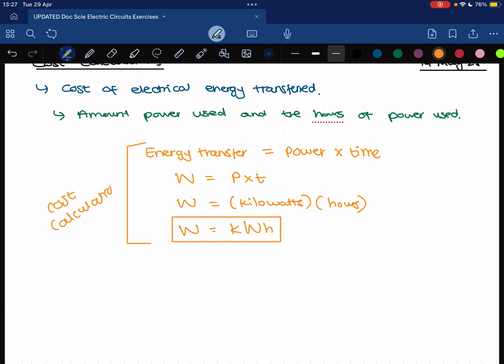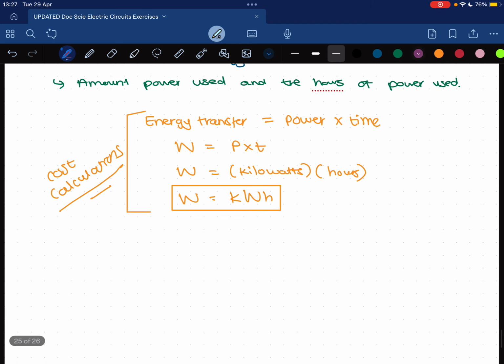For the other calculations, it's still watts and seconds. In this case, it is kilowatt hours. As a side note, remember that 1 kilowatt is equal to 1000 watts, and 1 hour is equal to 3600 seconds.